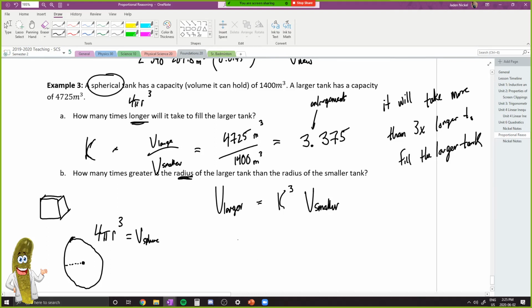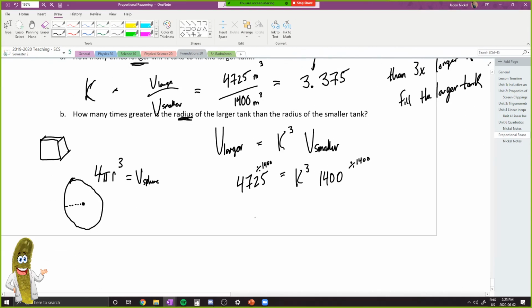So volume of larger, this was 4,725. We said that that's equal to k cubed times 1,400. I would divide both sides in this case by 1,400 because I want to solve for k cubed. And then I've already done this division before. 3.375 is equal to k cubed.